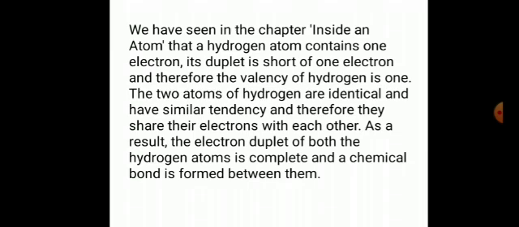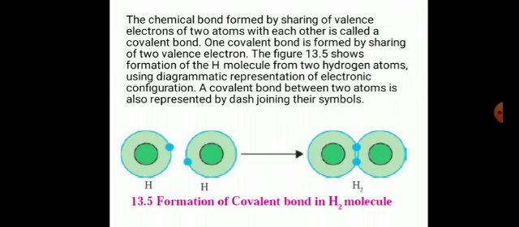Its duplet is short of one electron, means it has to acquire one electron in order to complete the duplet stable state. So the valency of hydrogen is 1. The two atoms of hydrogen are identical and have similar tendency, and therefore they share their electrons with each other. As a result, the electron duplet of both the hydrogen atoms is complete and a chemical bond is formed between them. Let us see how it happens in this diagram.